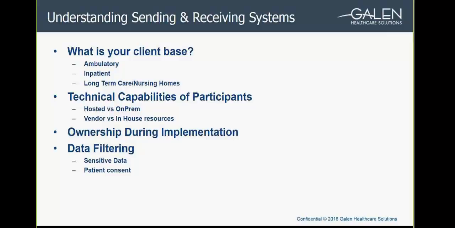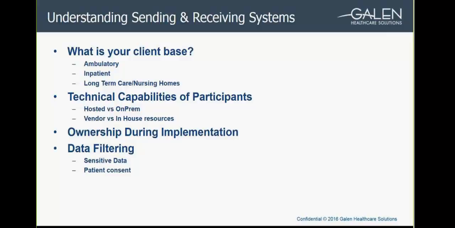One other consideration when you're understanding your client base is data filtering. For sensitive data, most likely lab results, maybe HIV or mental health, for instance, are these being filtered out on the sending side, or is it the HIE's job to prevent that type of data from entering the repository?